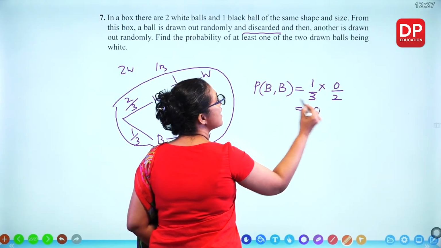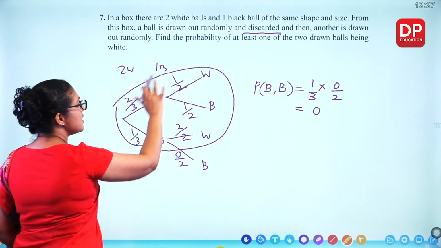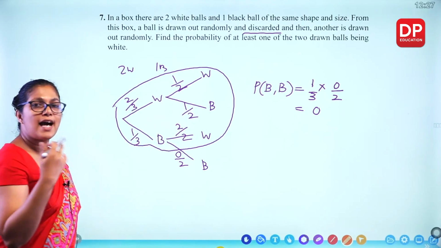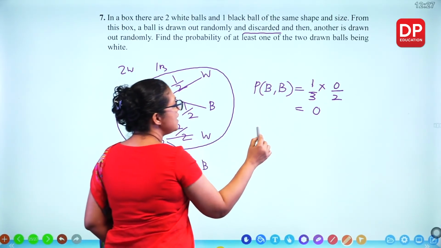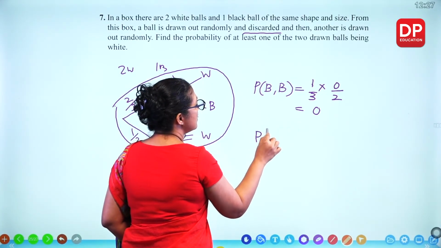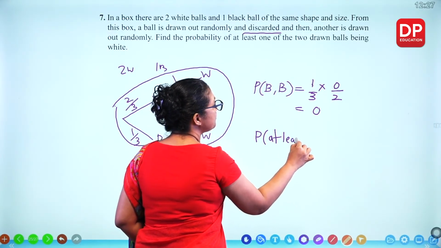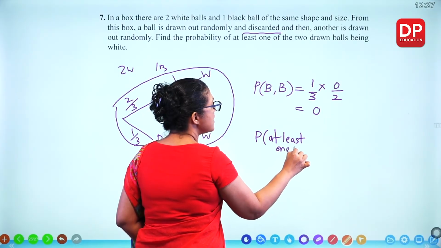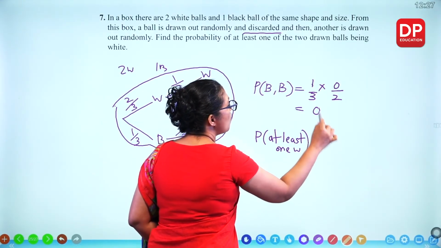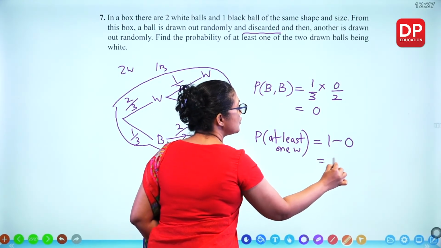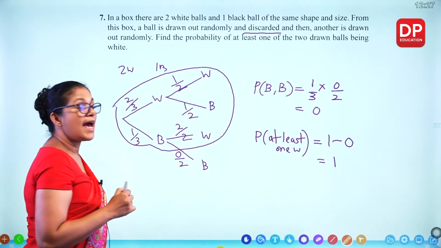That means you are getting 0. So getting all the other ones, that means at least 1 white, means 1 minus 0. So you get probability as 1.